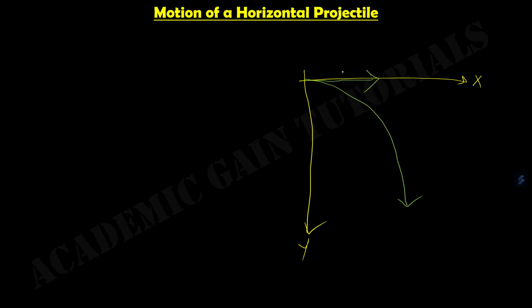Suppose I throw the body at the velocity of v0. Here, as I throw the ball along the x-axis, theta naught along the x-axis is 0 degree. We know that for this v0 vector, the component along the x-axis will be vx0.